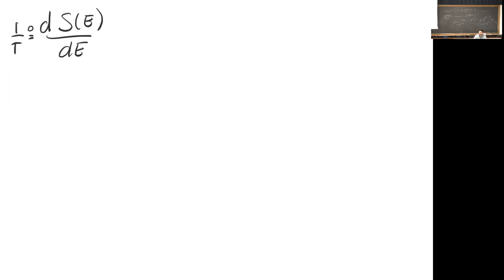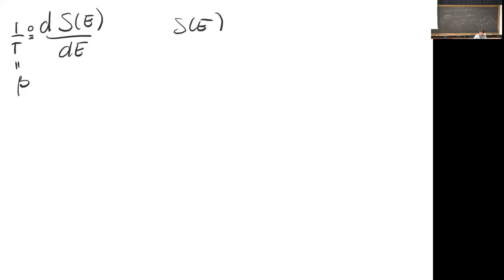In thermodynamics, the definition of the temperature, which we also call beta, the inverse temperature, is indeed the derivative of the microcanonical entropy.